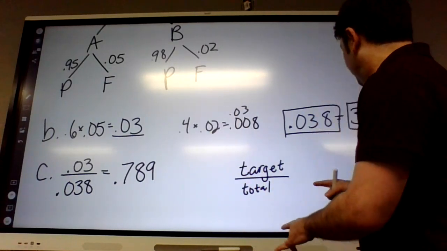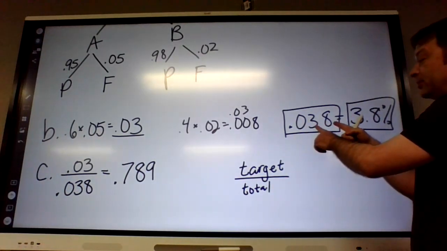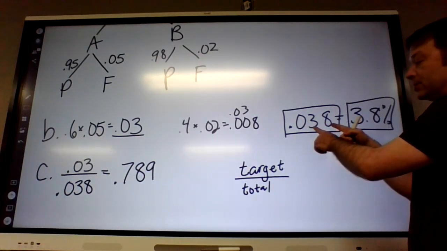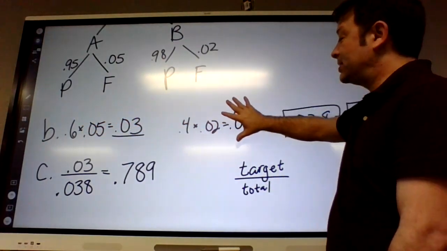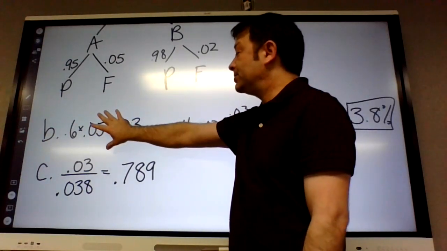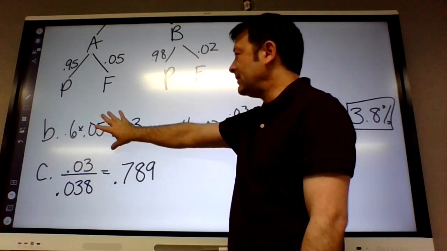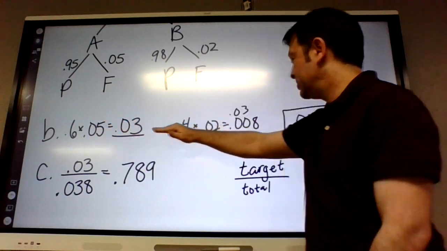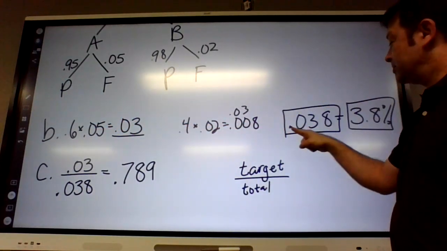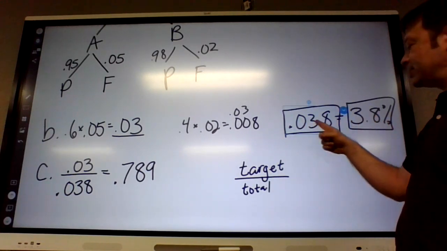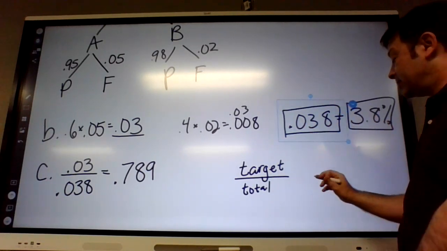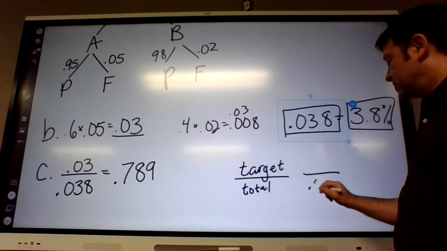So the total group is represented by when we found how many failed ball bearings there were. What percentage of ball bearings are going to fail? So we found the total percentage of ball bearings that fail, 3.8% or 0.038. So that goes down here.